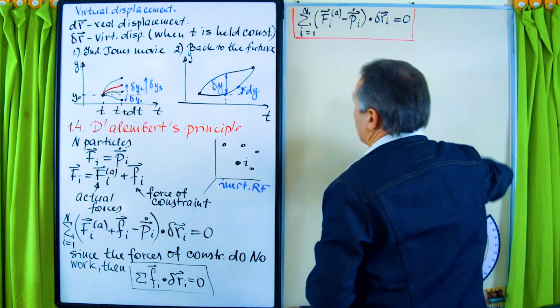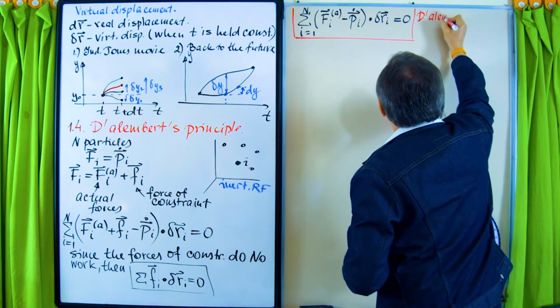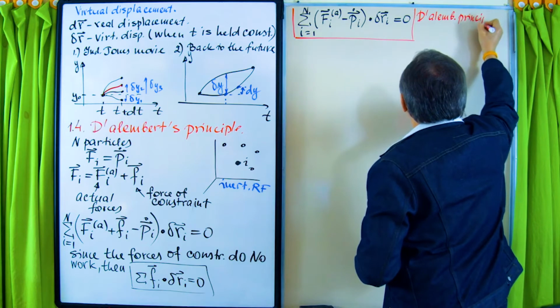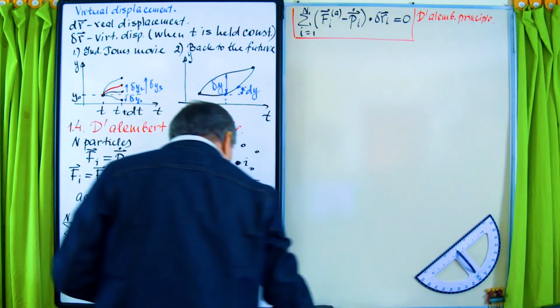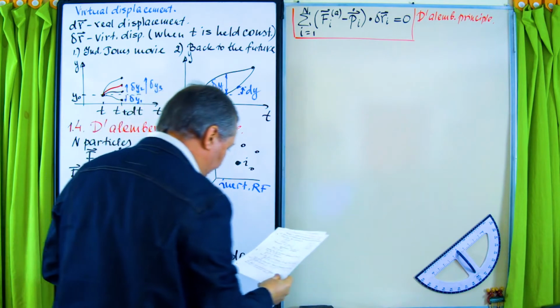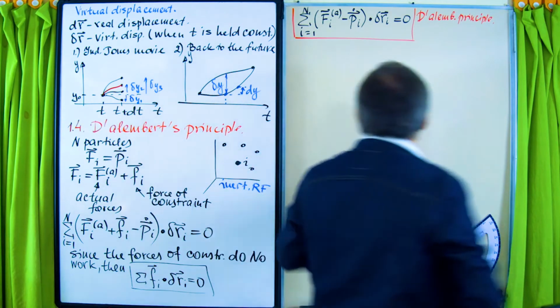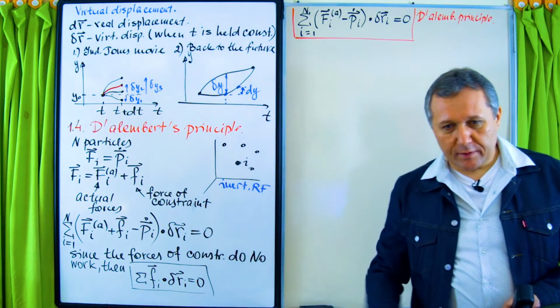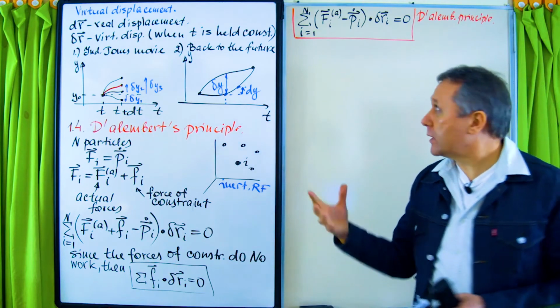Right, so that's D'Alembert's principle. So let me check if I mentioned everything. Yeah. So using this D'Alembert's principle, we will show after this how to get the equation of motion. All right.